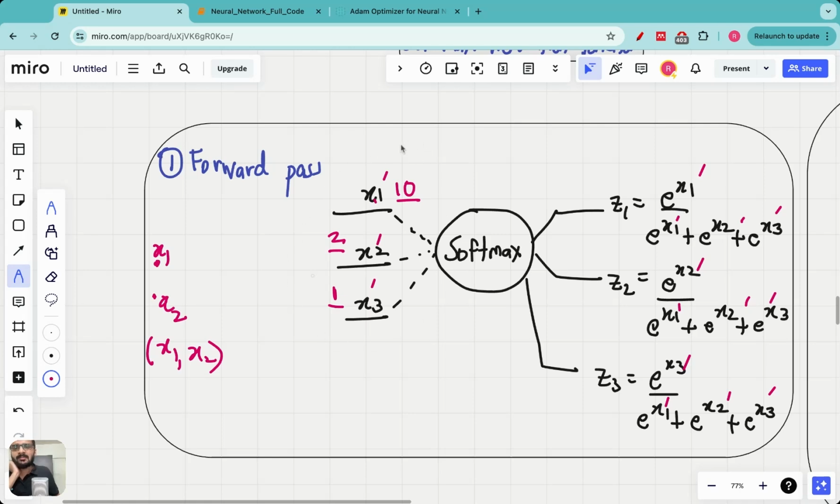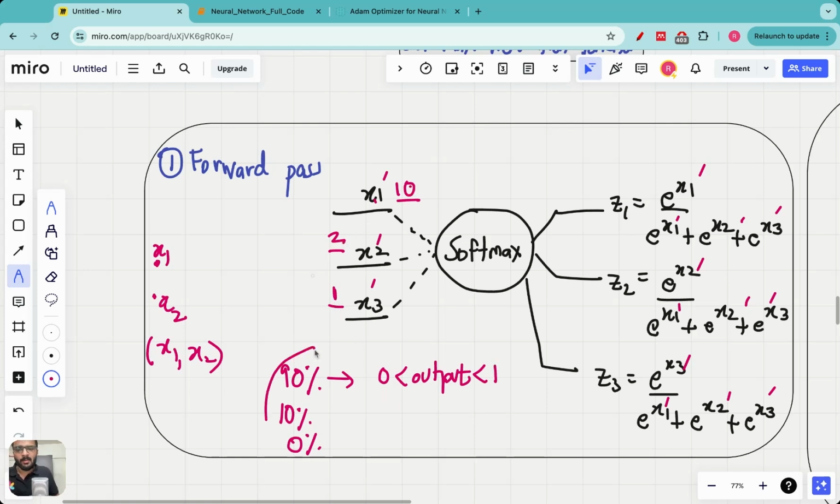But this is not in terms of probability. Ideally I want to make a statement that there is 90% chance that this point belongs to class 1, there is 10% chance that it belongs to class 2, and there is 0% chance that it belongs to class 3. So I want to convert these outputs into a set of probabilities. So there are few requirements for this. I want my outputs to lie between 0 and 1, because I want my output to represent some probability, and these numbers are clearly not between 0 and 1.